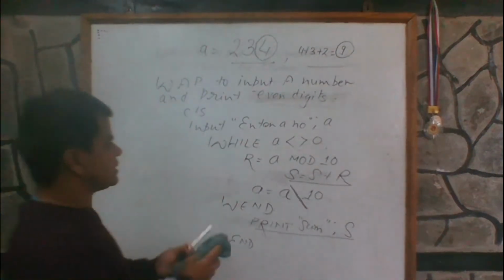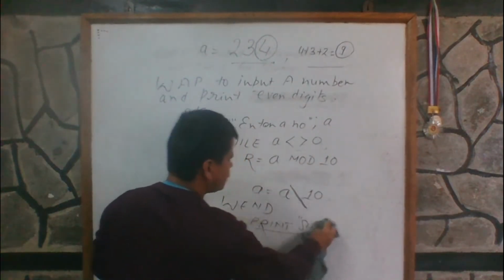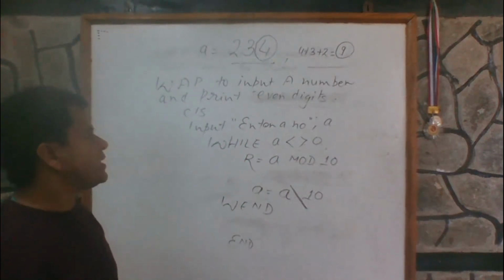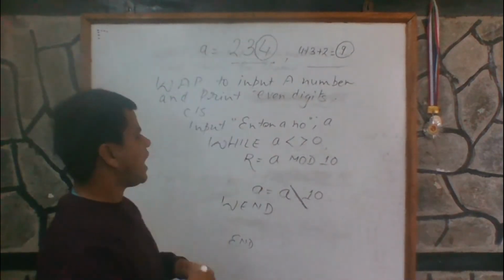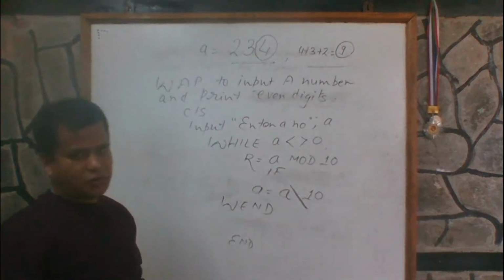So same logic, same calculation. Here sum, we don't want to print the sum, we are not printing. I want to print the even digits. अब यहाँ जुन r आयो नि, यो r लाई चेक गर्ने, यो r even हो कि odd हो.